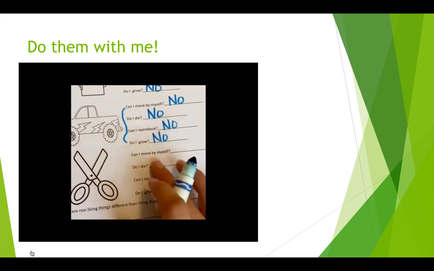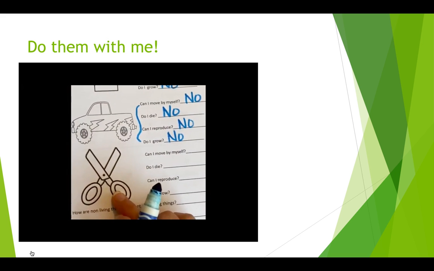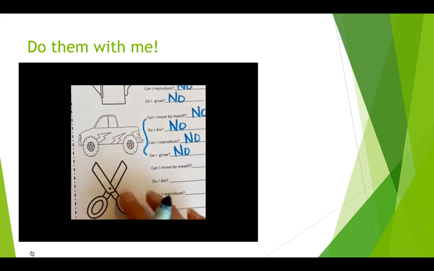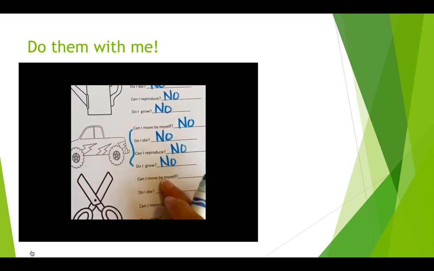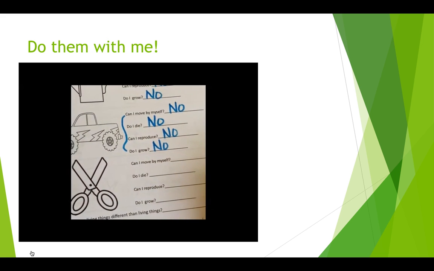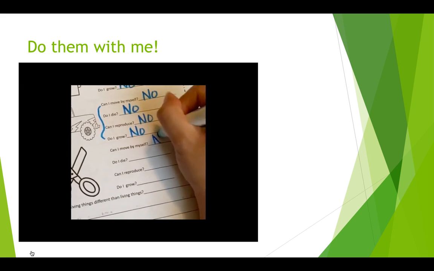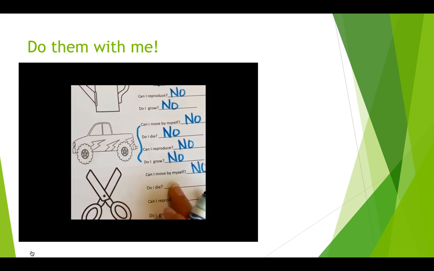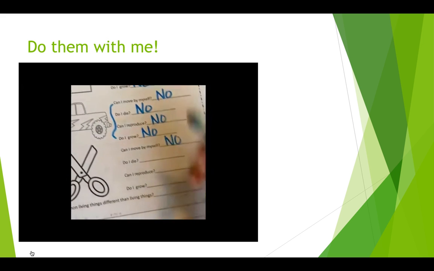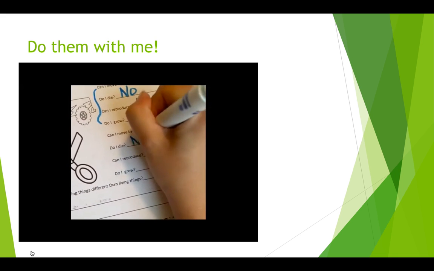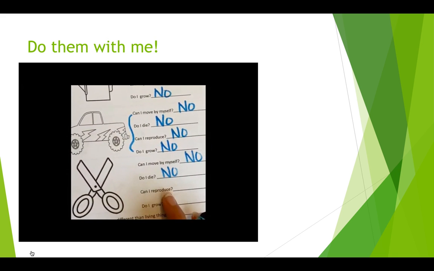Now let's look at the last one right here. What are these? Scissors. Good job. So can the scissors move by themselves? Nope, the scissors can't move by themselves. Can the scissors die? No, the scissors don't technically die. Can the scissors reproduce?